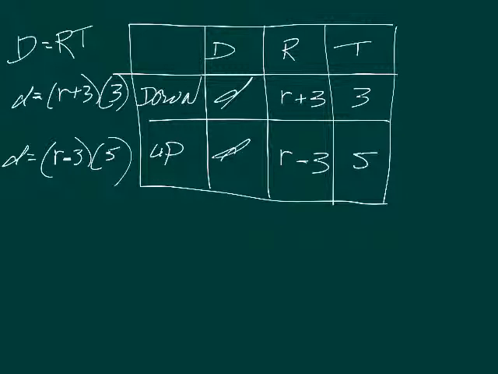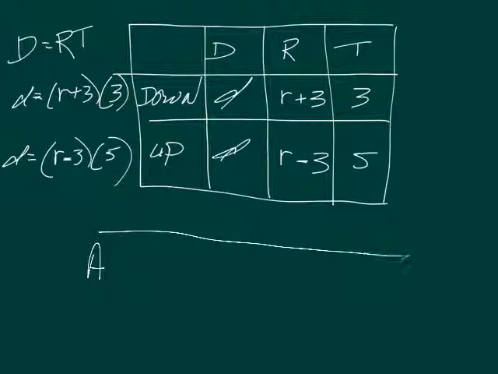So let's go ahead and do some manipulating. One of the things I do know is that the distance he went downstream and the distance he went upstream are the same. It doesn't say that he went further downstream, because if he started at point A, let's say, and went downstream, he has to turn around and come back upstream. And why would he go further or not as far of a distance? He would go back to where he started from. So our distances are going to be the same in this.